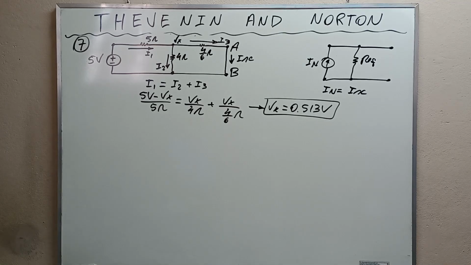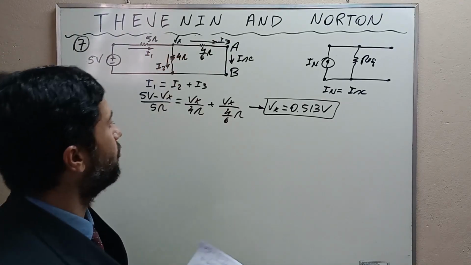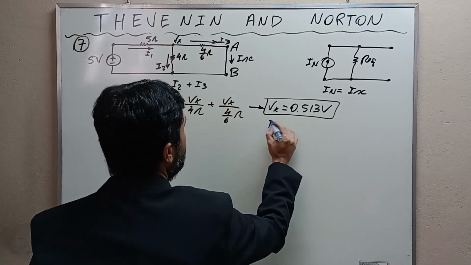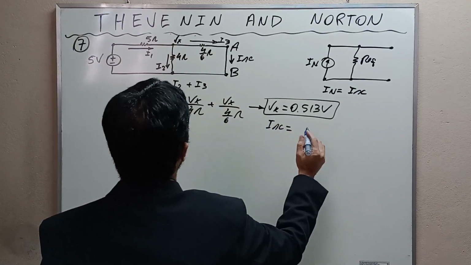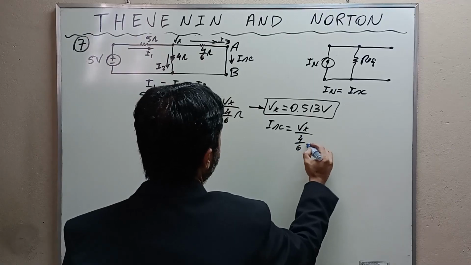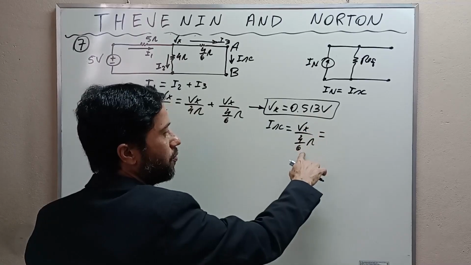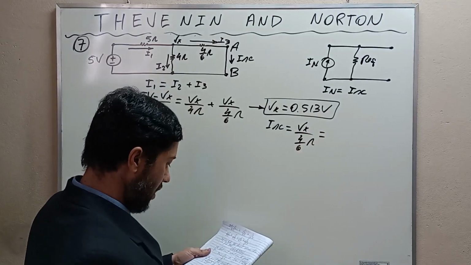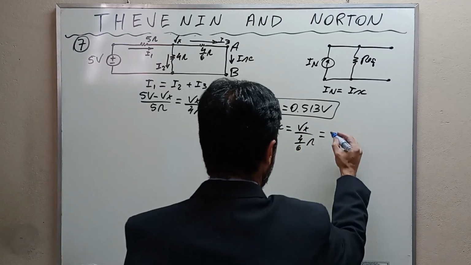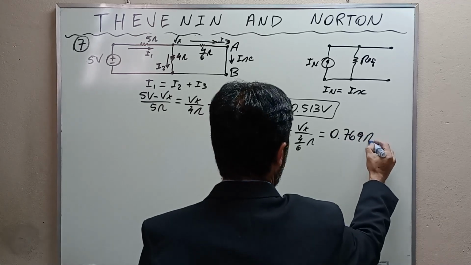and the short circuit current can be found by dividing the voltage by the resistance. Then the short circuit current is equal to Vx divided by 4/6, and this is equal to this voltage divided by this resistance, and this is equal to 0.769 amps.